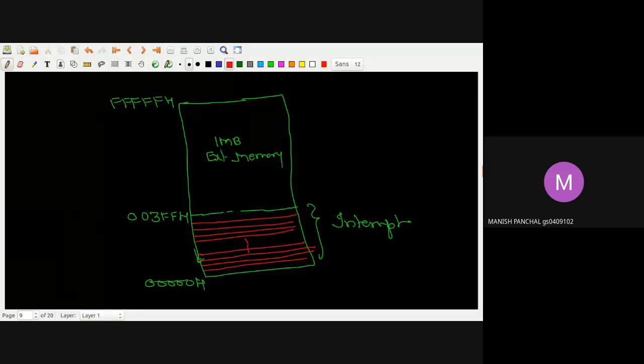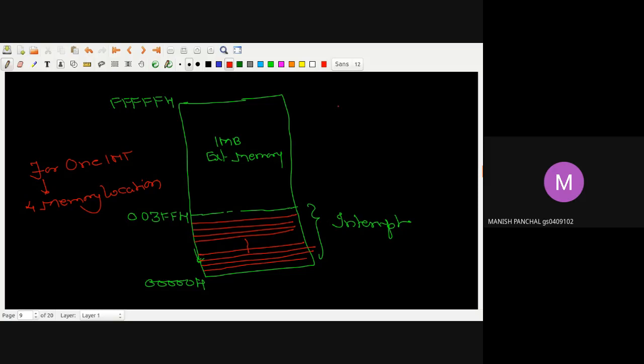For example, I have said that for one interrupt, for one INT, I will reserve 4 memory locations. What content will be available in the memory?